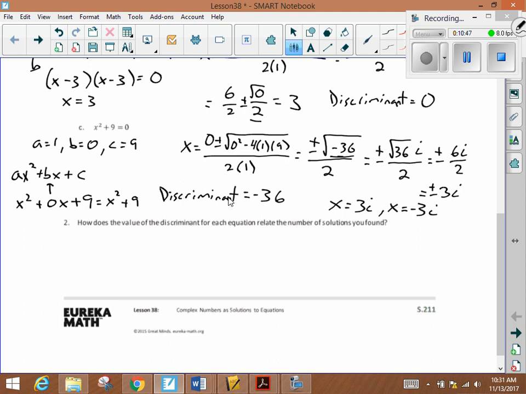Good question. So how does the discriminant relate to the number of solutions that we found? Well, when the discriminant was positive, there were two real solutions.